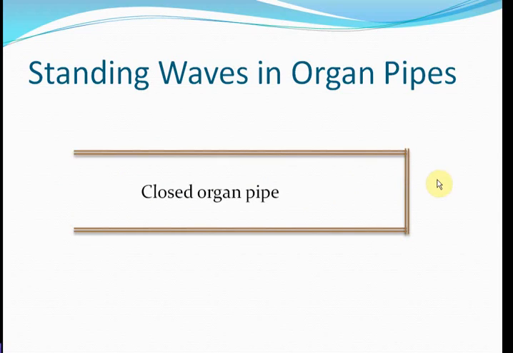Now we want to know the condition that these standing waves must satisfy. For example, in case of a fixed string, we saw that only frequencies V by 2L will generate standing waves in a string. So we want to know what frequencies in this case are required to generate standing waves. Are there any conditions? Like in the string there were nodes at both ends. So what are the conditions here?